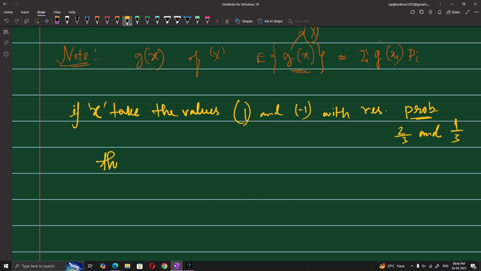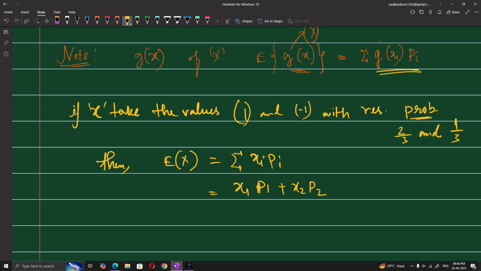Then expectation of X is, let's get started with this formula. We have to use it here. So g(xi) and pi. Let's see what is the formula of this one. That is nothing but summation xi pi, x1 p1 plus x2 p2.